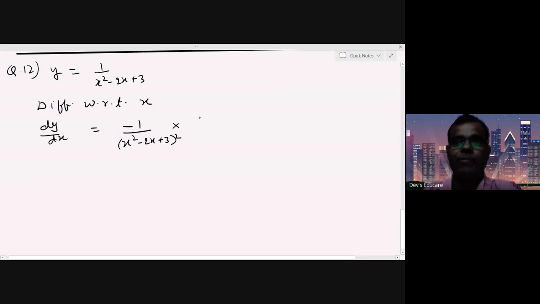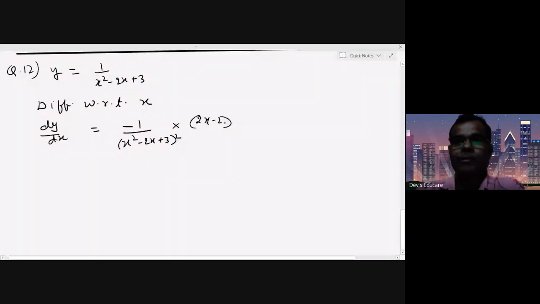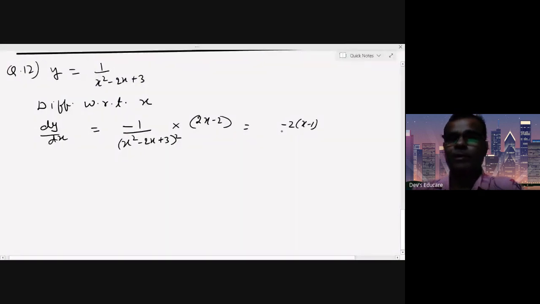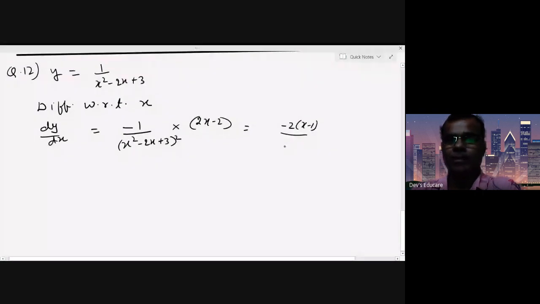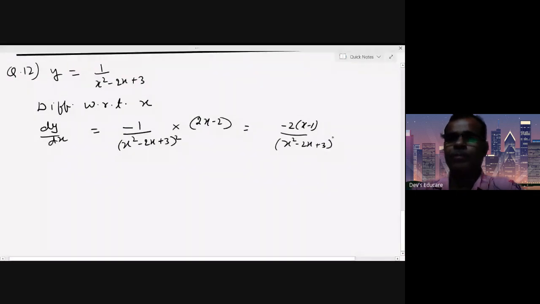So this will be 2x minus 2, and this will give us minus (2x minus 2) upon x square minus 2x plus 3 whole square.